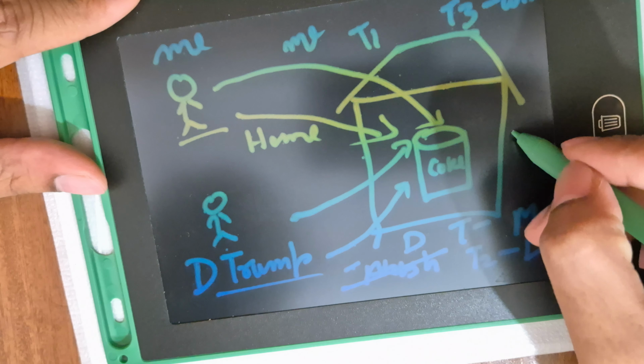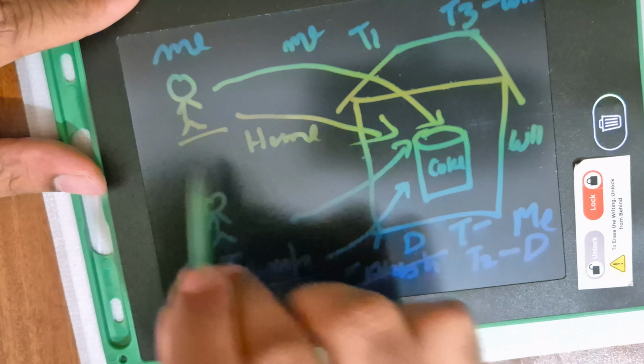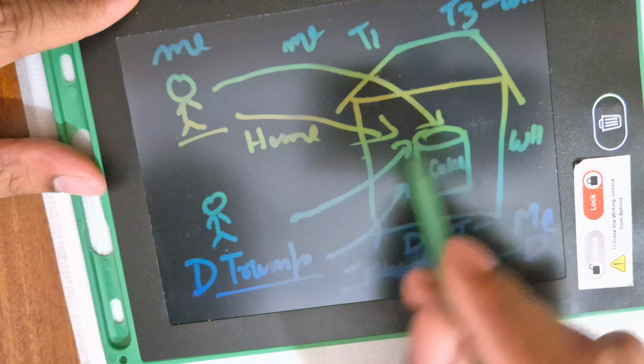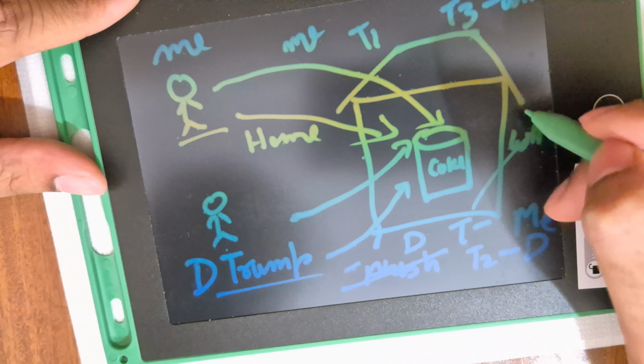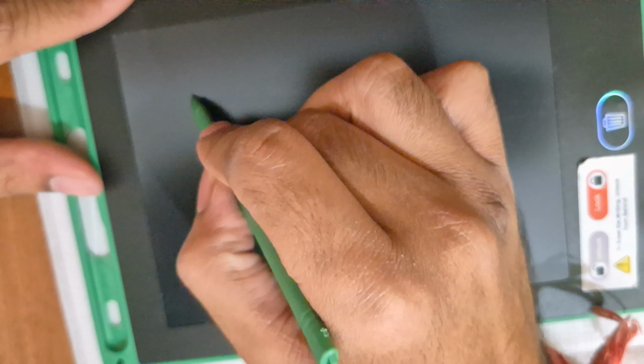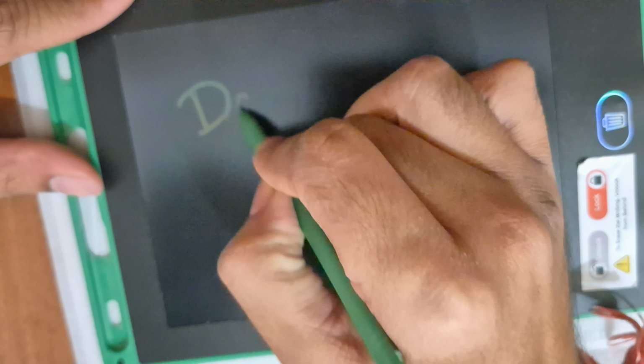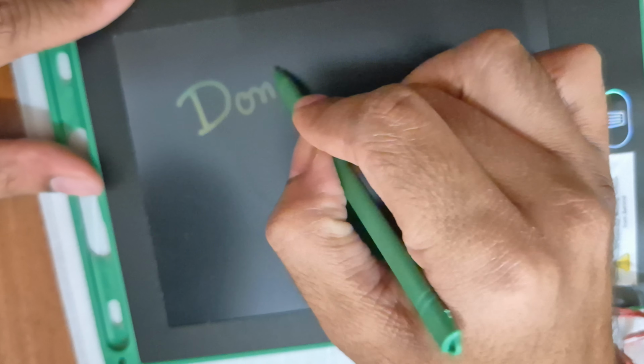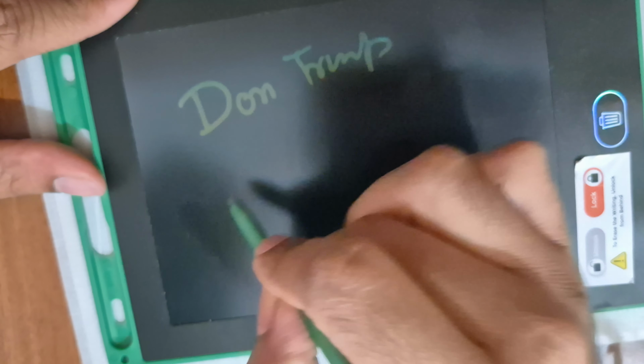Let's say it is the White House. And at time T4, I told them to send it to my home, so the White House got replaced by my home. Now what happened? This order got ordered by Donald Trump, at my home, which is wrong.